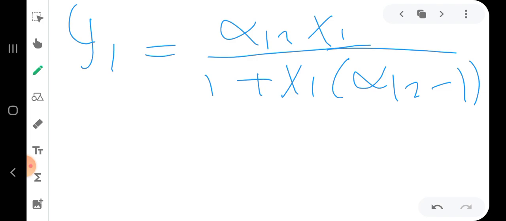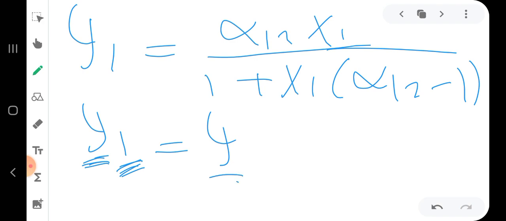Okay, one thing that I want to mention, when we say Y1, we mean the mole fraction in the vapor phase for the more volatile component, so we can say it is only Y. So when you see Y with nothing, this means the mole fraction of the more volatile component.